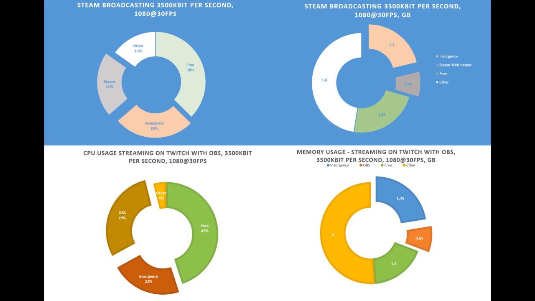However, Steam itself was not figuring there, which makes me wonder whether the Steam platform itself does any of the job, whether it's encoding, transmitting, or broadcasting, or is it all done by this little app called Steam Web Helper? I will look into it more, and if there's anyone interested, I would be happy to share the results and my insights.